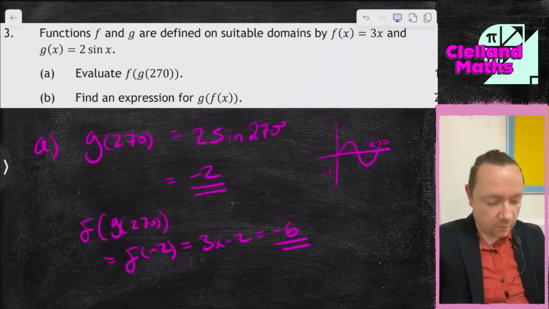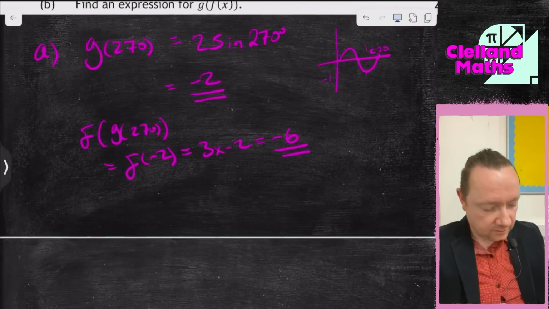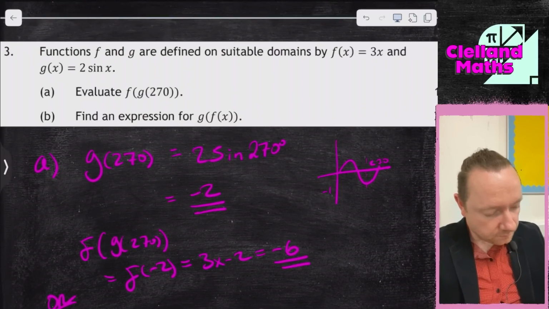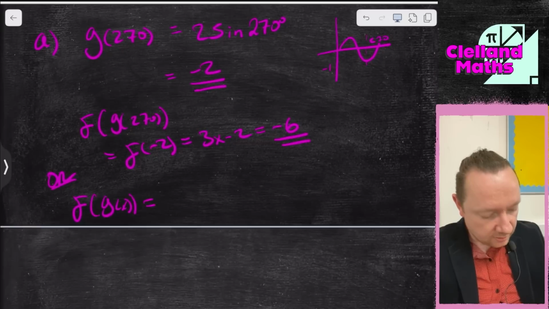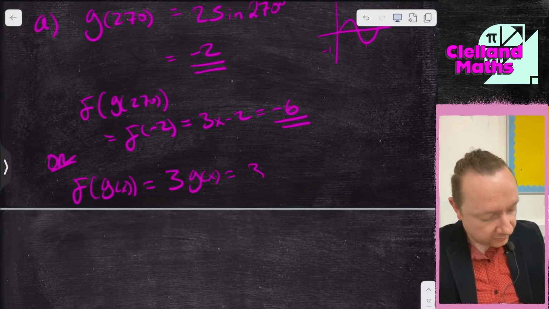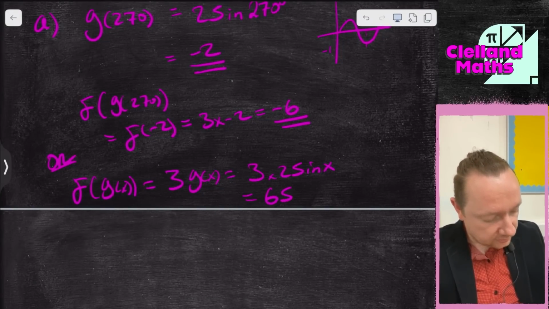If you didn't want to do it that way because you feel like you need to do f of g of x, just in case, f of g of x means I take f, which is 3x, and I write 3 g of x, and g of x is 2 sine x. So that's 3 times 2 sine x, which is 6 sine x.